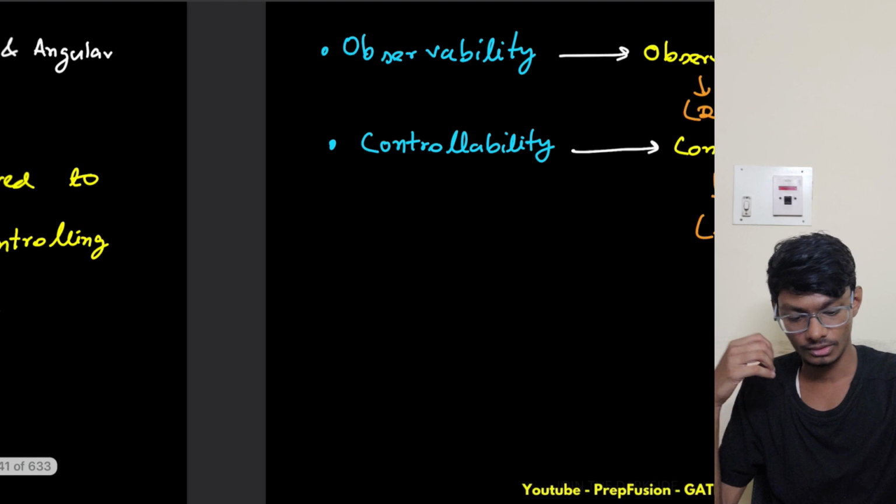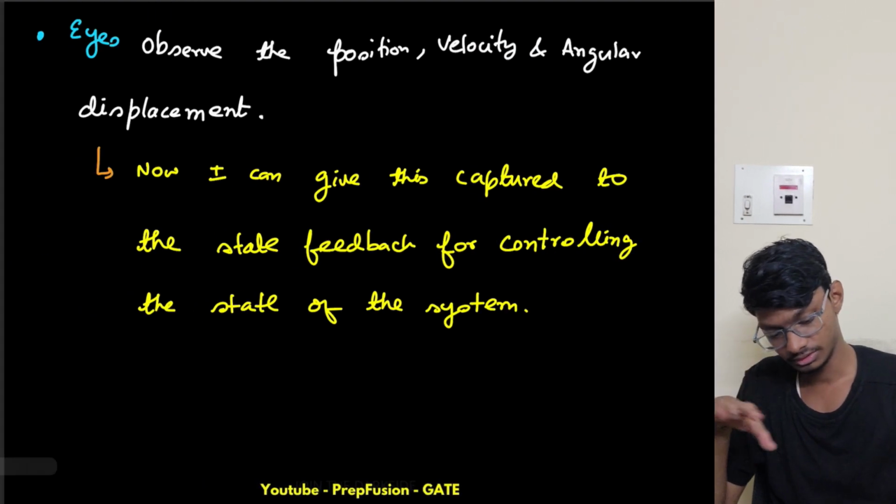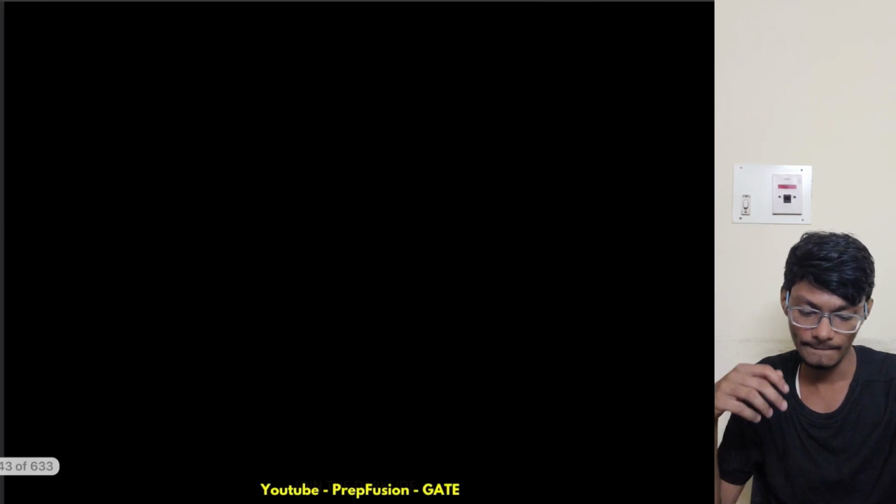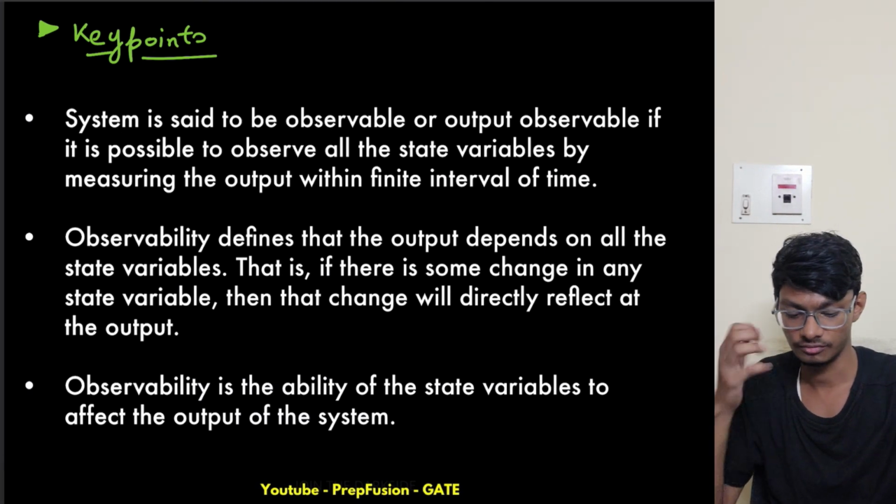So this is the basic understanding of observability. Now we will go to the few key points for observability.